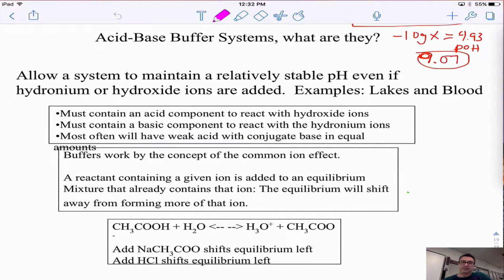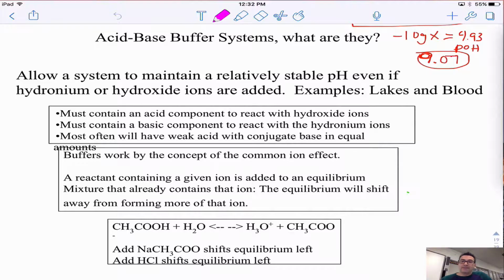I'll give you two examples, lakes and blood. Hopefully there's not lakes of blood, but those are two pretty common examples. Blood pH needs to be maintained in order for the enzymes to work, and lake pHs also need to be maintained for organisms to survive.